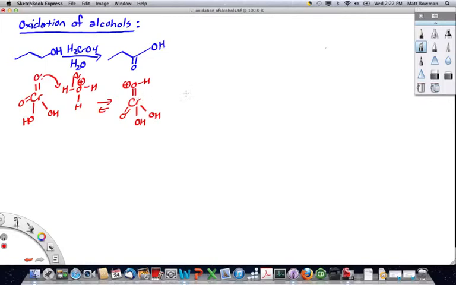Now, with our activated chromic acid, our weak nucleophile, the alcohol, attacks the chromium, and the electrons go up onto the oxygen.